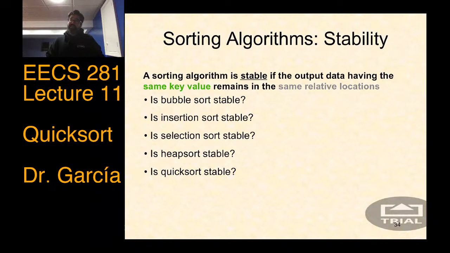Of course, if the keys are not equal, then they're not going to come out in the same order. But if they're equal, we assume they're going to come out in the same order. That's stability, right?